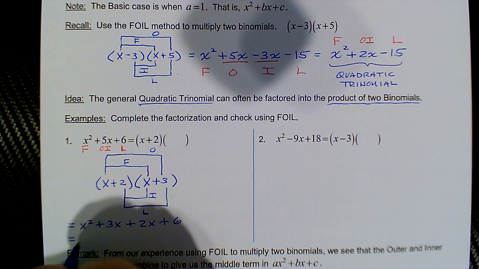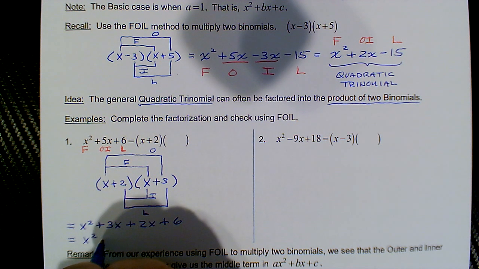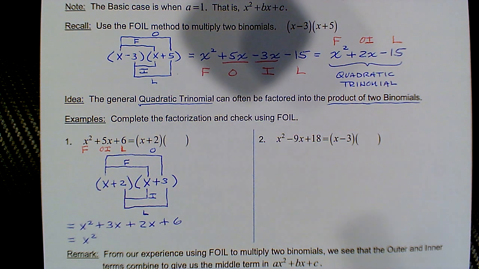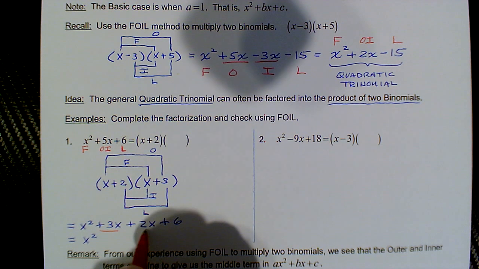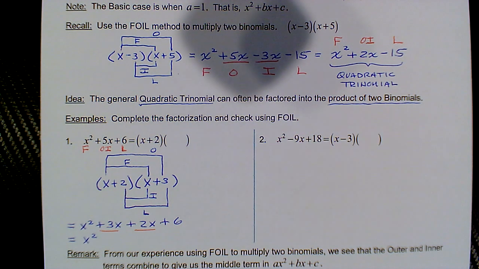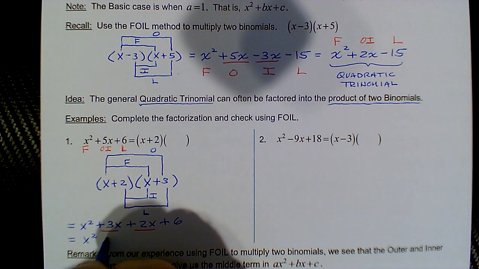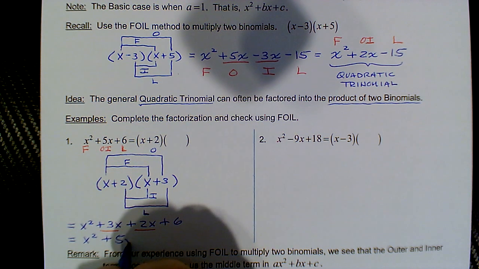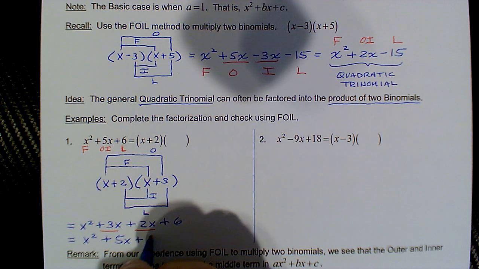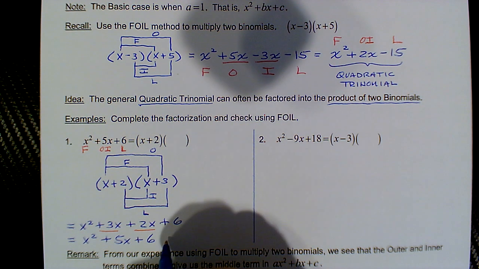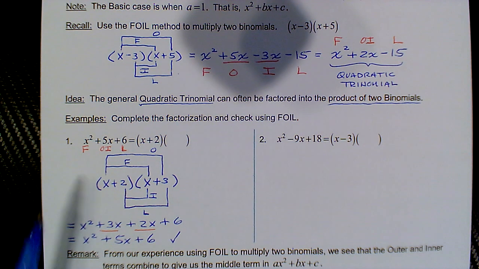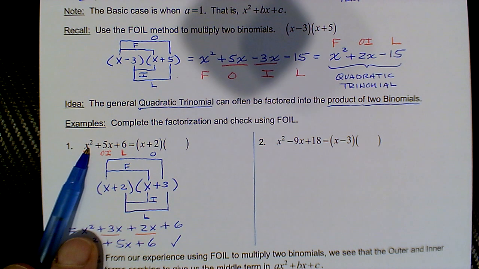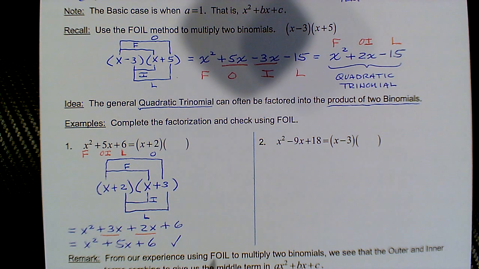And then when we combine the outers and the inners, we have the plus 3x and the plus 2x, which gives us positive 5x. And we bring down the plus 6, and that checks, because that is the original expression. So the answer is the product of x plus 2 and x plus 3.